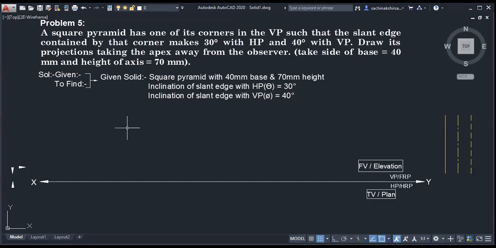Will you start? You have to draw an equally inclined square. Square above XY or below XY? Above XY. Start with me.